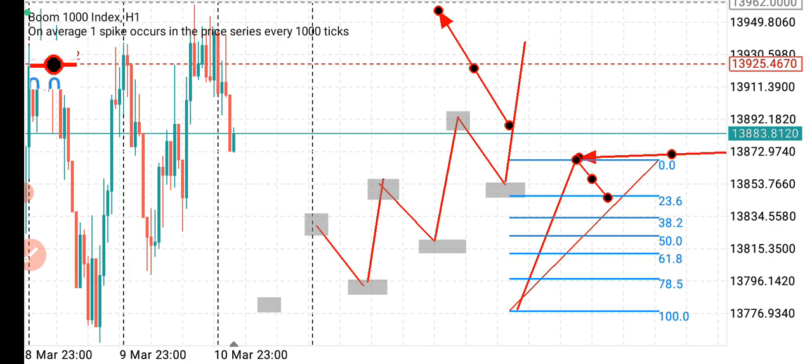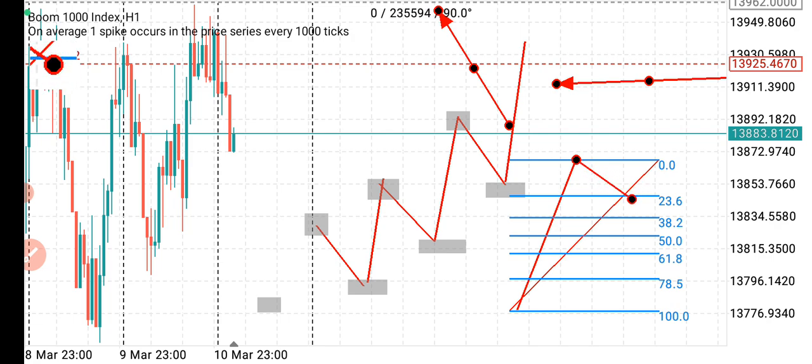You can see that right now the price is at the 23.6 level of this Fibonacci, right? Good. So any moment the price gets to this 23.6 level, you should know that a reversal has commenced.